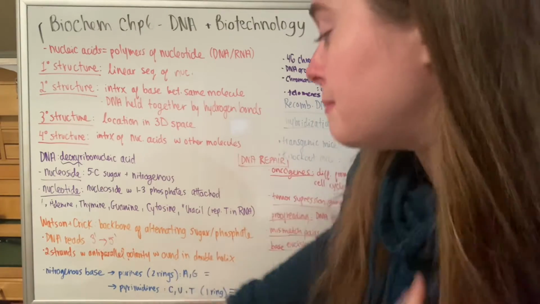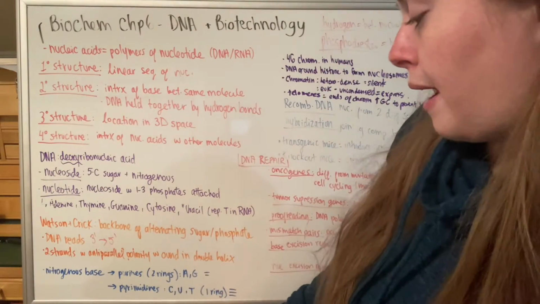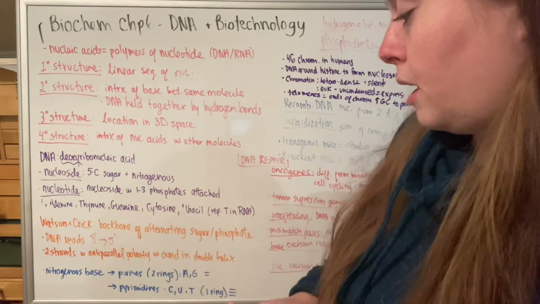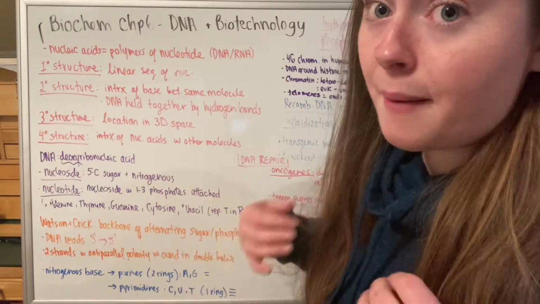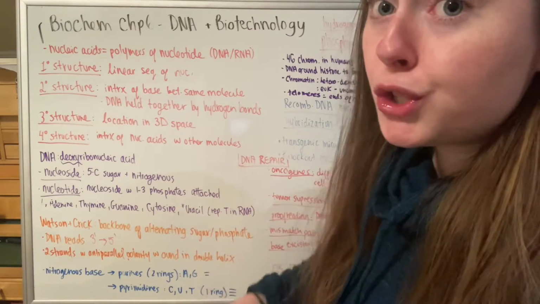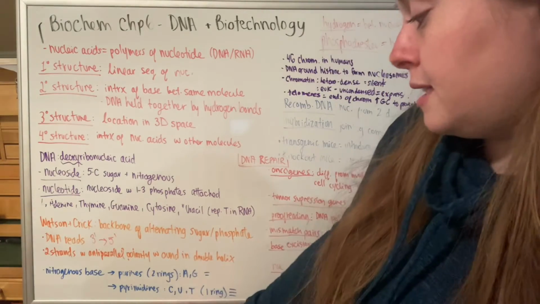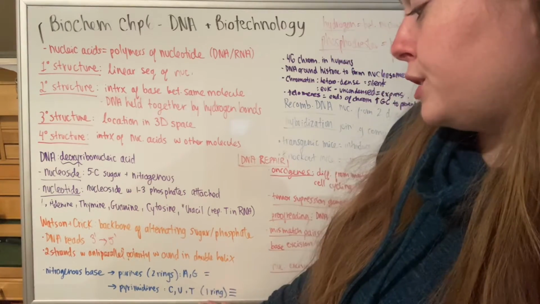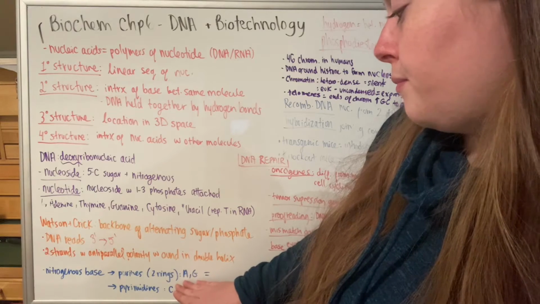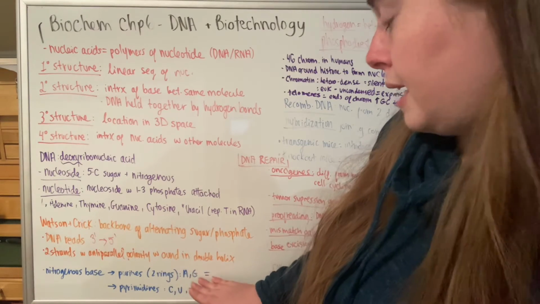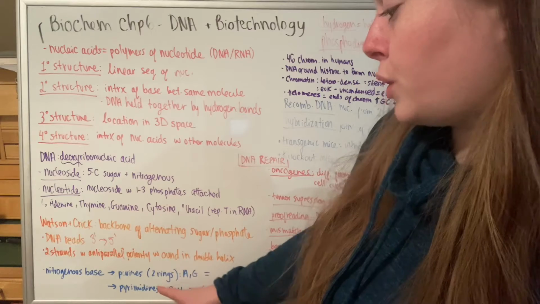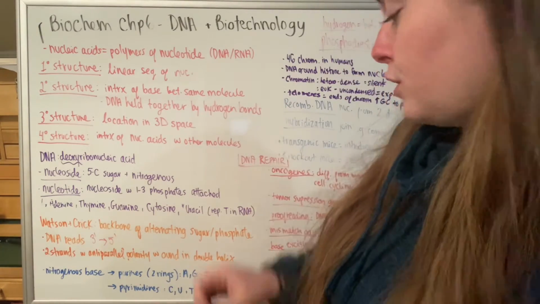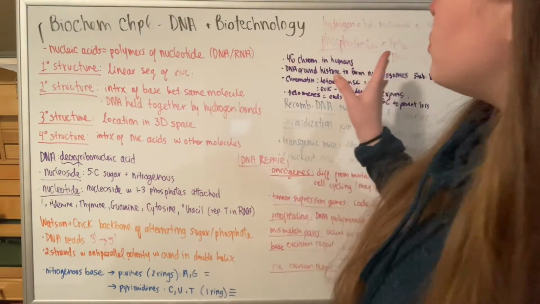A bond with pyrimidines is stronger, okay, versus purines that only have 2 bonds. So it takes more energy and more heat, a higher temperature, to disrupt the bonds between pyrimidines, so between thymine, uracil, and cytosine, compared to between adenine and guanine. So the other thing about their structure, purines are 2 rings, and pyrimidines are just a single ring.